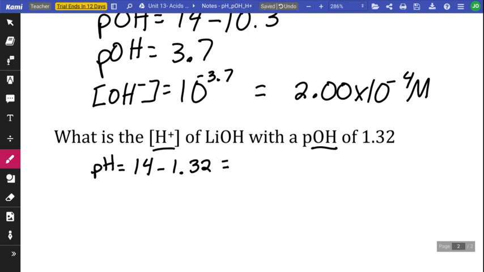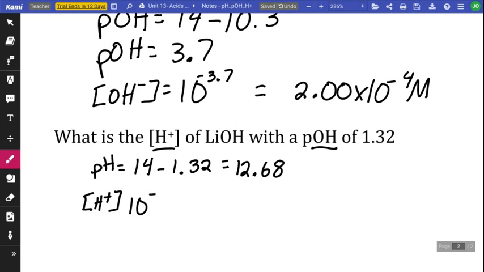So my pH is going to equal 12.68. Okay. Now, I would need to make a conversion. So I've got a pH of 12.68. I'm looking for my hydrogen concentration. So remember, our formula to go from our power to our concentration is 10 to the power of the negative pH.